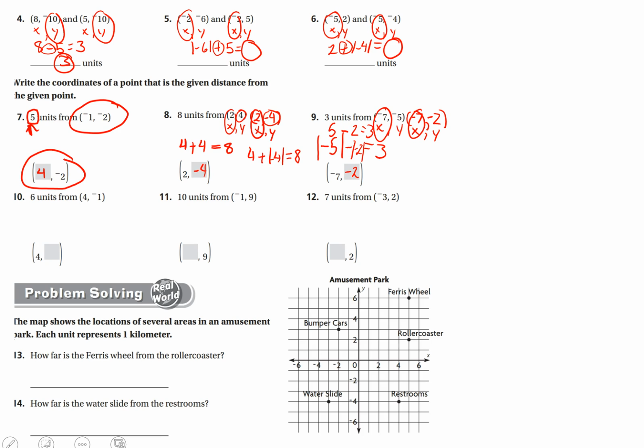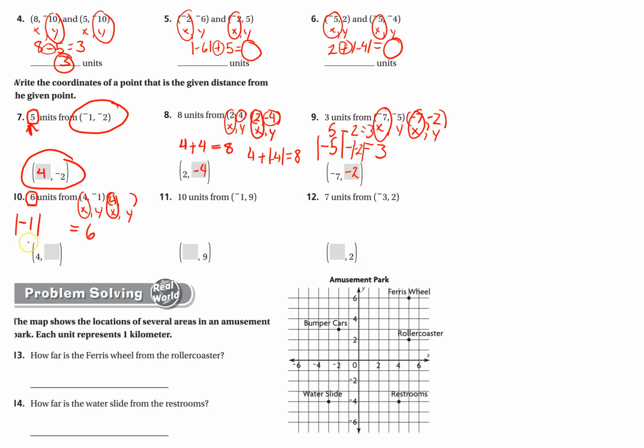Okay, let's do one more. Here we have 4 and -1, and they told us the x has to be 4 on our next one, and it's a total of 6 units away from each other. Okay, so our x values are the same, so I'm looking at my y's. -1, absolute value of -1, equals 6.